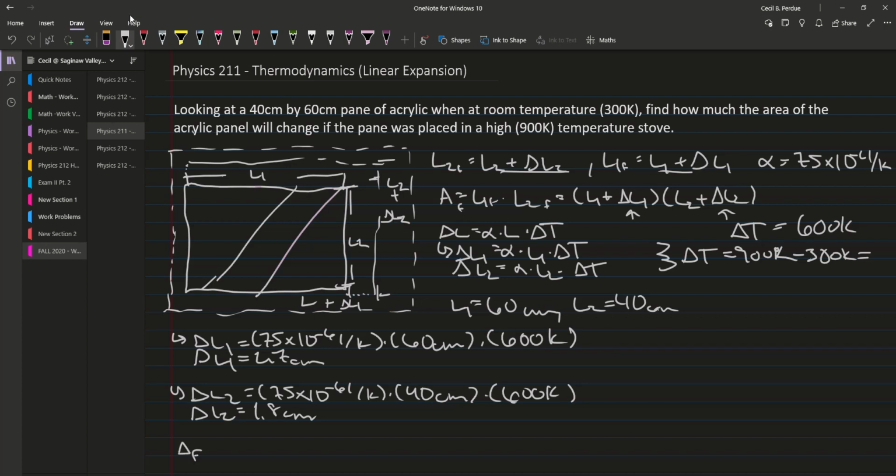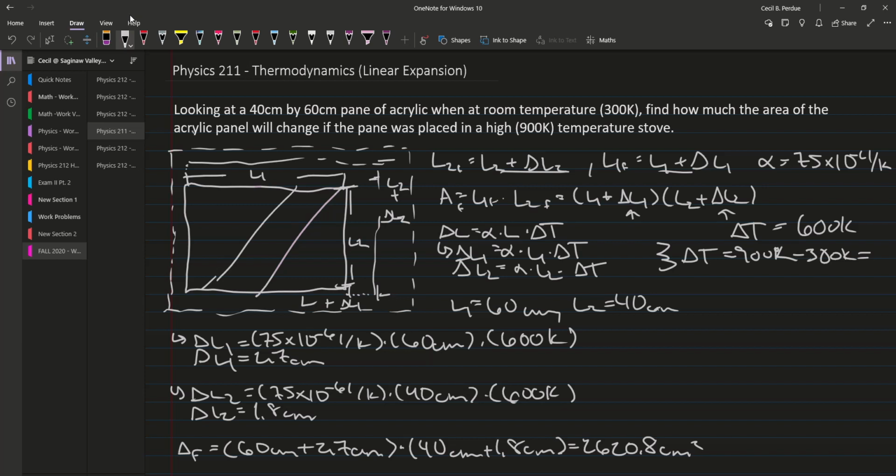Thus, AF is going to be equal to L1, which is 60 centimeters, plus the change in L1, which is 2.7 centimeters, times 40 centimeters plus 1.8 centimeters. This means that our final area is going to be equal to 2,620.8 centimeters squared.